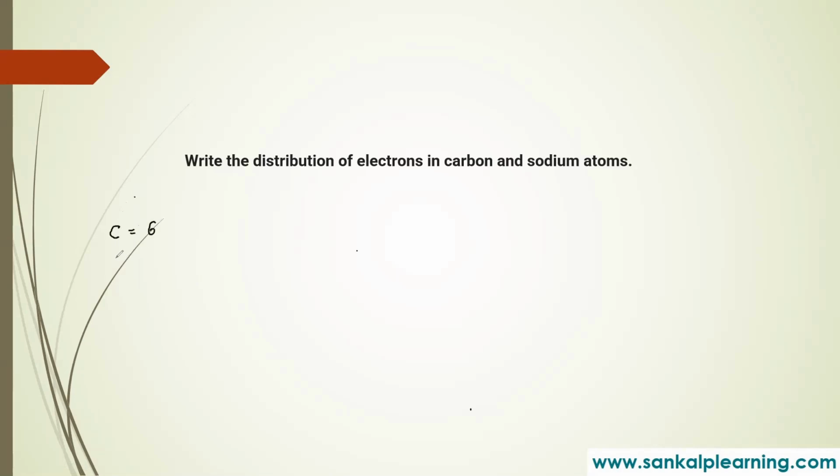The first shell is the K shell, where we can put a maximum of 2 electrons. Then we have the L shell. Out of 6, 2 are gone. If 2 go from 6, how many remain? 4. So the remaining 4 electrons are in the L shell. Therefore the electron distribution for carbon is 2, 4.